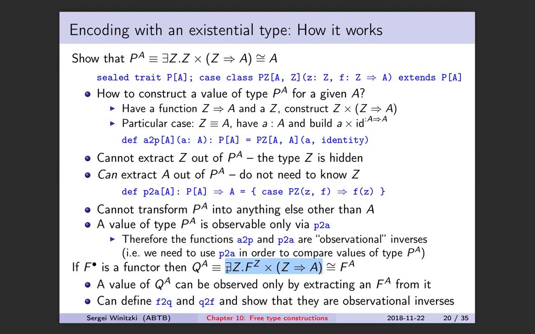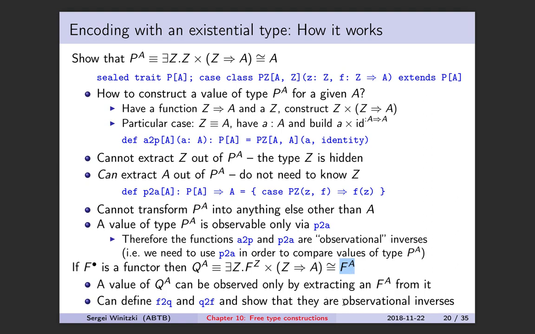So you have some value of QA with one Z and another value of QA with another Z, you cannot see that the types Z are different in these two values. You have to first extract the observable value out of this, which is a value of this type. Once you have extracted it, you compare those.